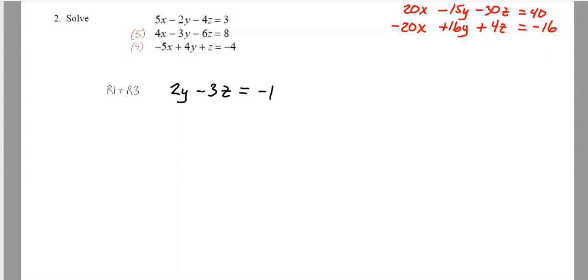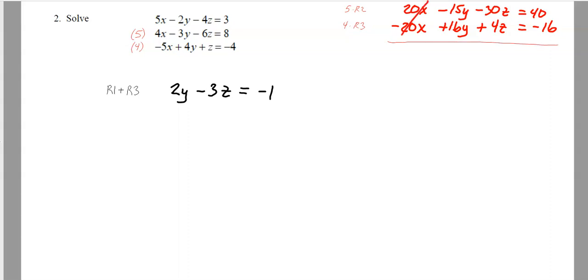Negative 16. So if you do want to show what just happened, what we did was we multiplied 5 times row 2, and then we multiplied 4 times row 3, like if you're trying to kind of describe your work. And now if we combine those rows, if we add them together here, let's see what we get.